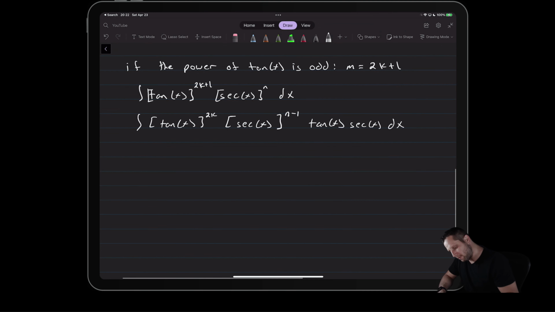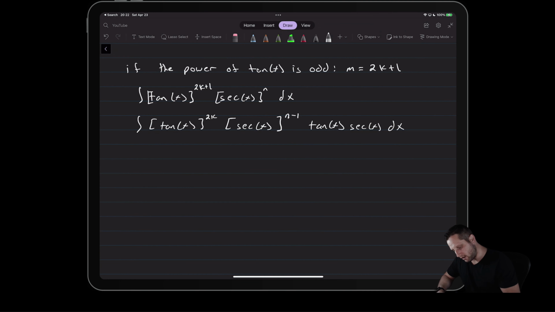So next I'm going to say, well, first of all, before we get to our u sub, let's go ahead and move this squared in here, and we'll leave the k on the outside of the bracket. And then, well, let me just write it right here. So this is the same as tangent squared of x all to the k, this term, right?